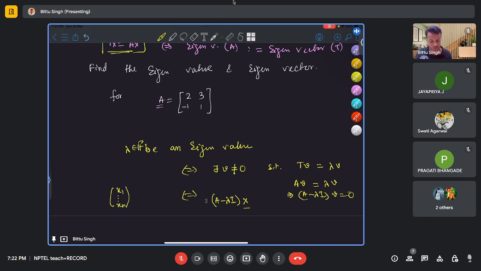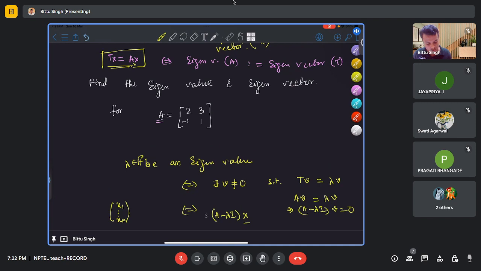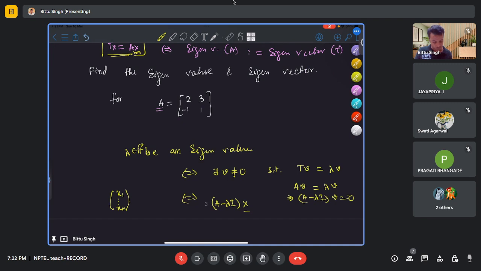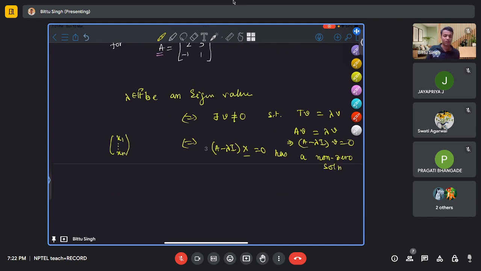This holds if and only if this system has a non-zero solution. So when does a system have a non-zero solution? We know this is true if and only if the determinant of A minus lambda I equals 0.